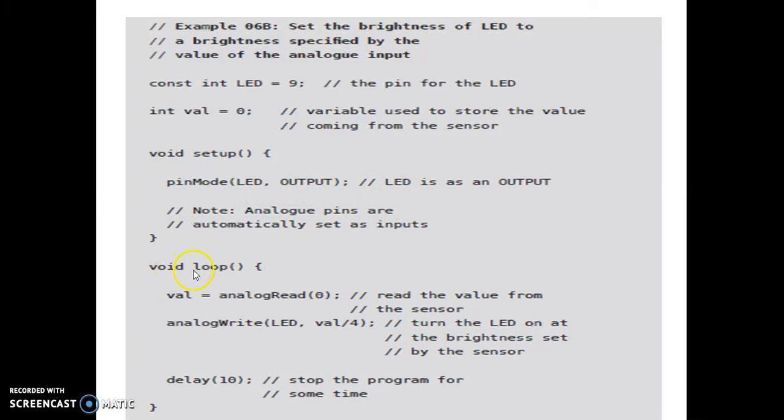In the infinite loop, val will get the value of analogRead. The LDR output is connected to analog 0 here.